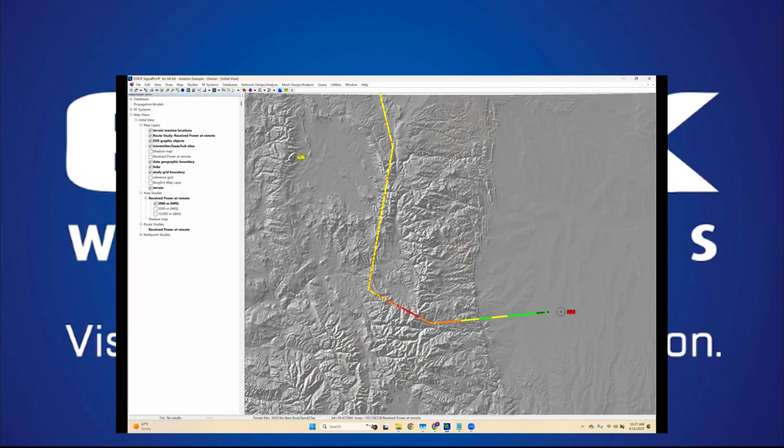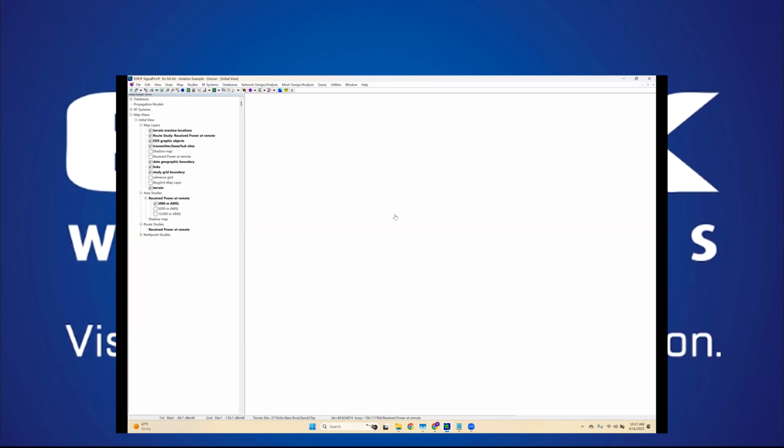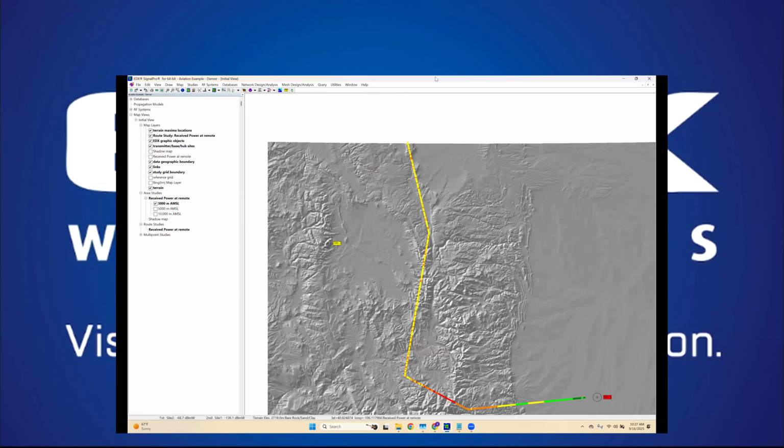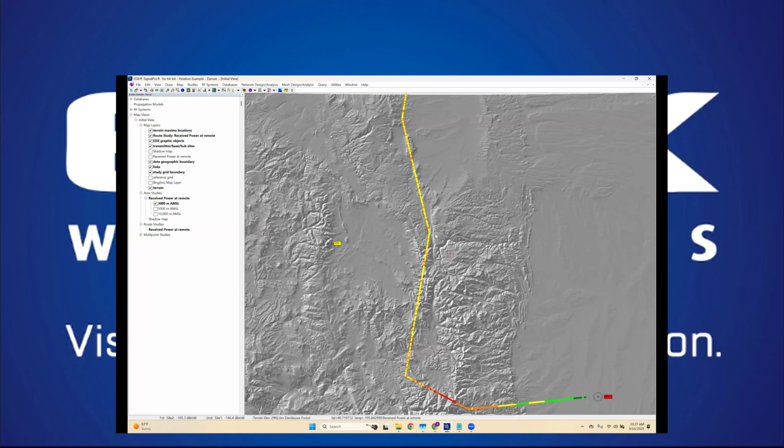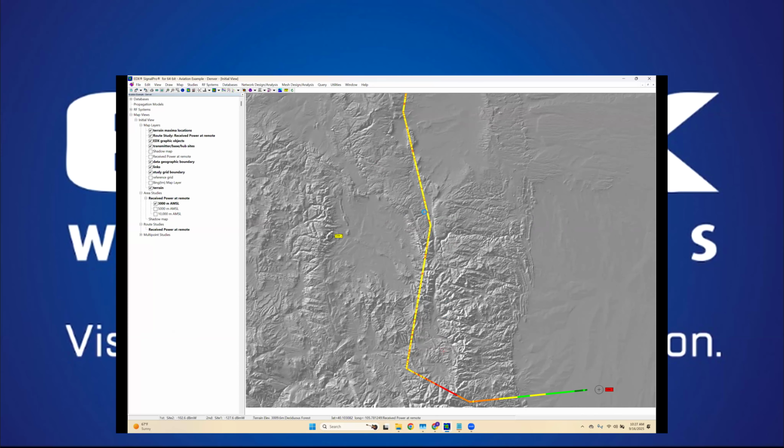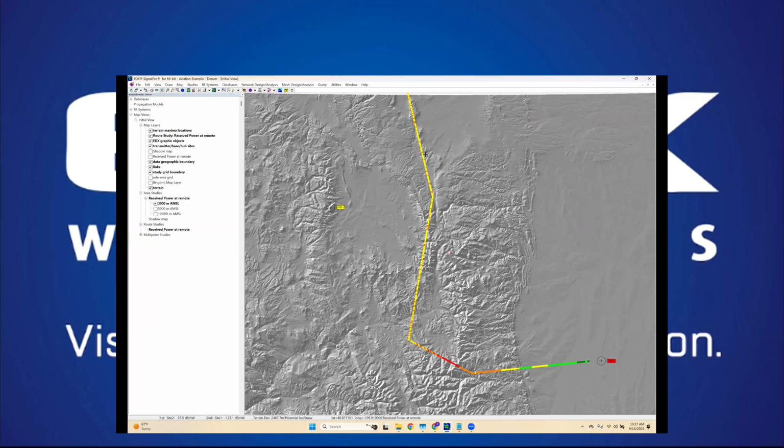Here is my route, and you can see the turns are pretty sharp because I used only 6 waypoints. And that route is going up and down as we go up over the mountains here. It adds some elevation to get over this ridge of mountains, and then it starts to descend again as we get down into Denver.